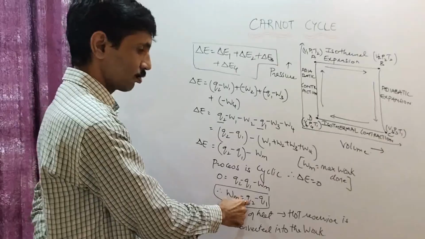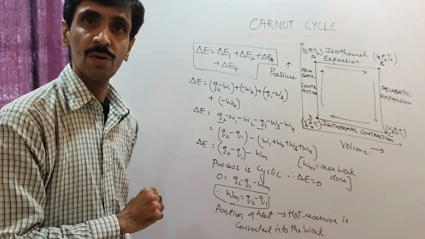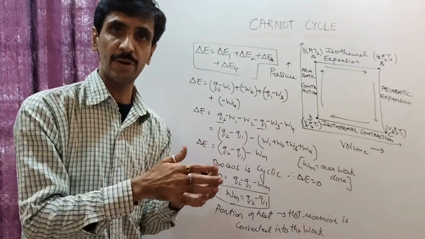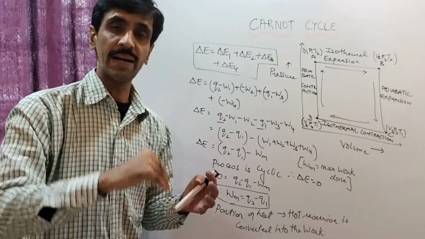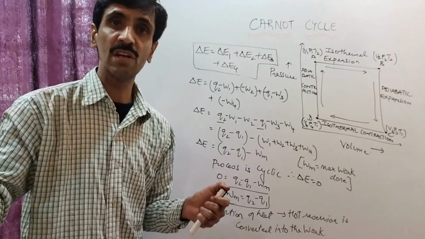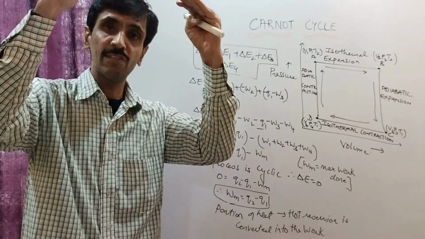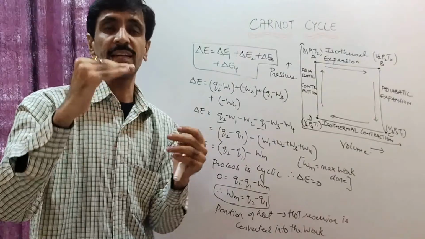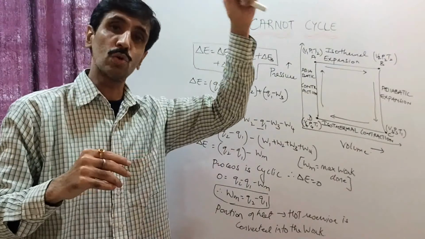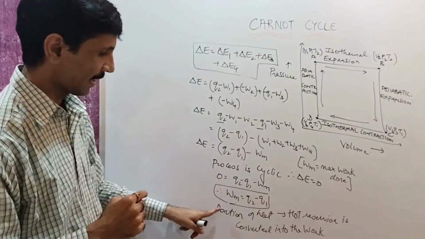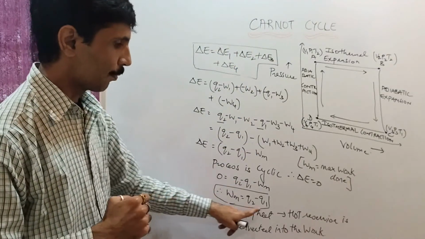But here it is Q2 minus Q1. So whatever the amount of heat I have from the hot reservoir, I have to subtract the heat which is going to be transferred to the sink. As a result, what we have is Q2 minus Q1. So the amount of heat decreases as compared to the total amount of heat available from the hot reservoir, and therefore I use the words only the portion of the heat.